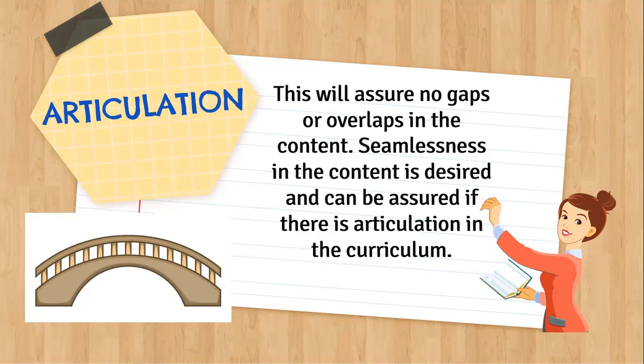And that is not a good example. Kaya kinahanglan, i-assure nato nga walay gaps ang atong topics ug walay lapas nga topic. Muna gitawag articulation. Or seamlessness in the content is desired and can be assured if there is articulation in the curriculum. So we should make sure that everything goes smoothly.